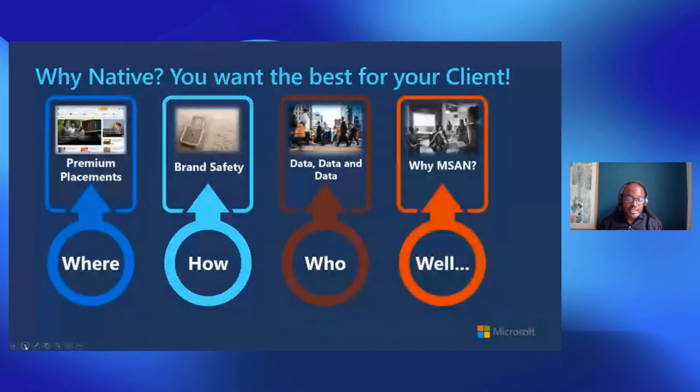Who? That is what's good in native. Not only the placements, but also who you are targeting. You can reach 200 million monthly unique visitors in the US. How does it work? We rely on 20 billion, yes, billion, daily cross-screen signals.